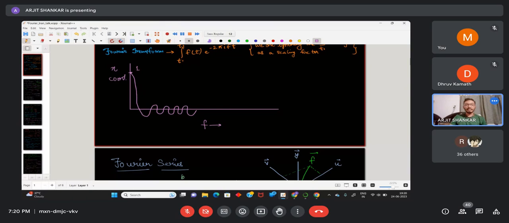But as soon as we reach some frequency, let's say 3 beats per second, what will happen? We are getting a peak because now the center of mass has slightly moved to some different value, right? And after that, again, it will remain at 0. See, like this. So that's what I mean. And why is this peak coming? You can ask this question.